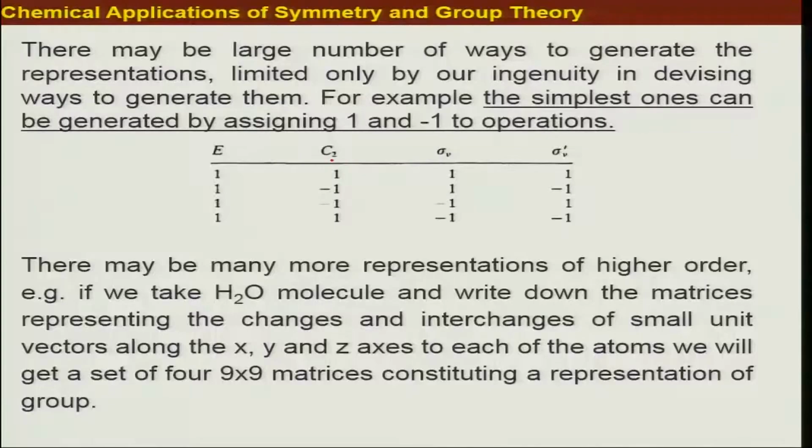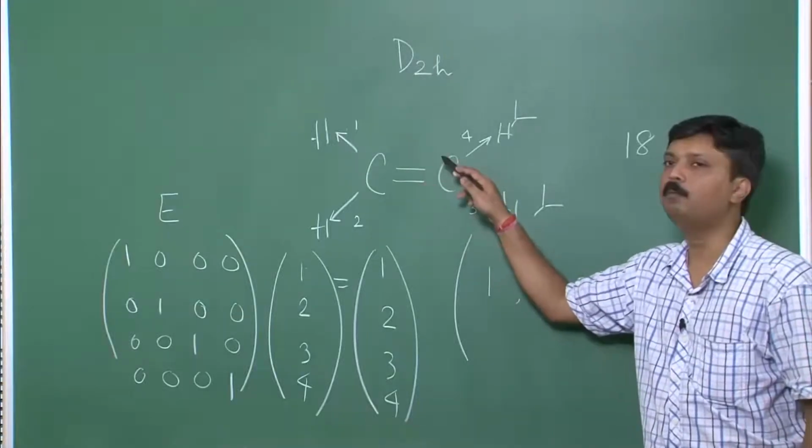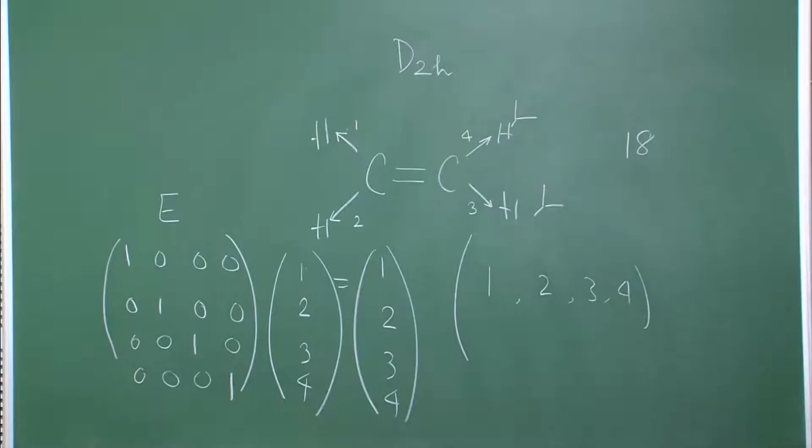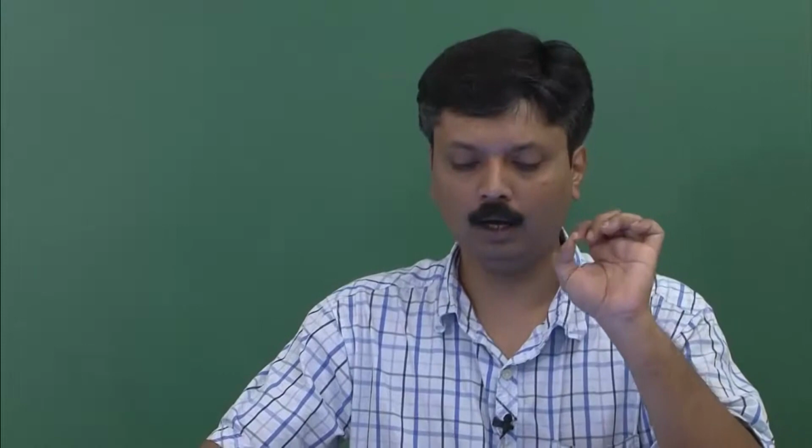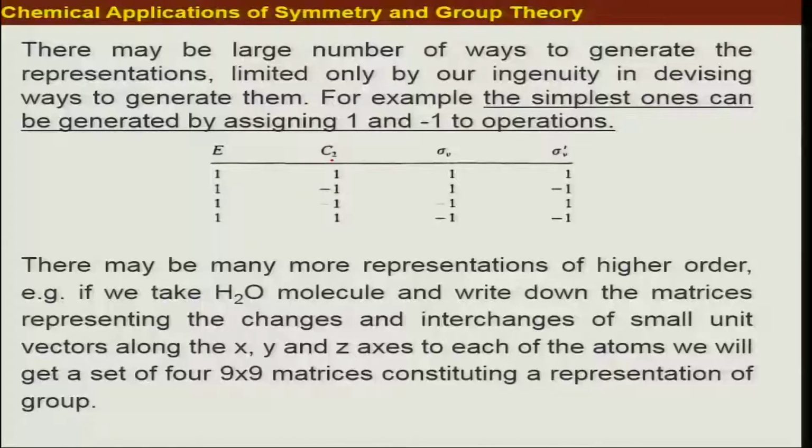Say for example, in this particular case, if I take this particular double bond as my basis function and operate everything, I will get only one element there, right? So every time if I get one element, ultimately my matrix will be a one-dimensional matrix. So I will have a matrix representation like one of these. Each one of these is a matrix representation.